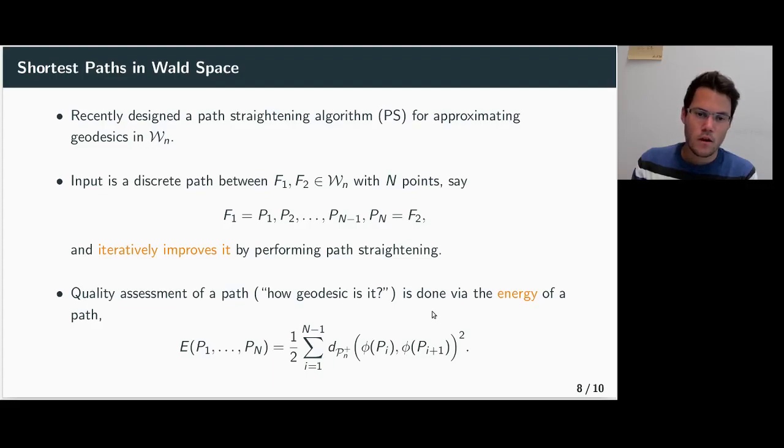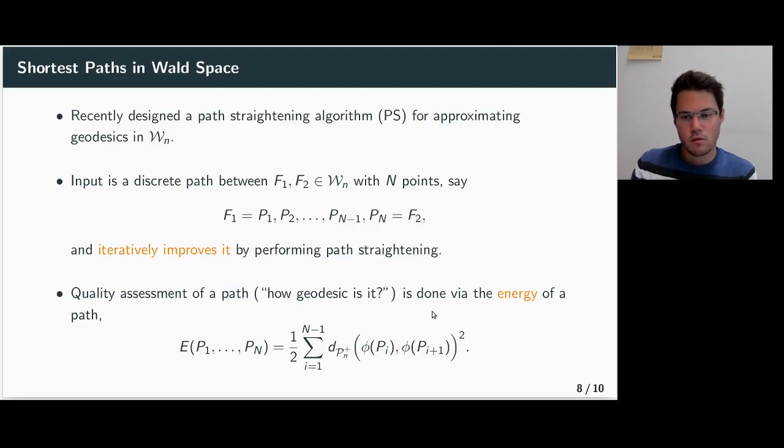Let's say we have fixed endpoints f1 and f2, and let's say we have a discrete path between them already given, p1 up to pn, and the algorithm iteratively improves this path by performing some kind of path straightening.